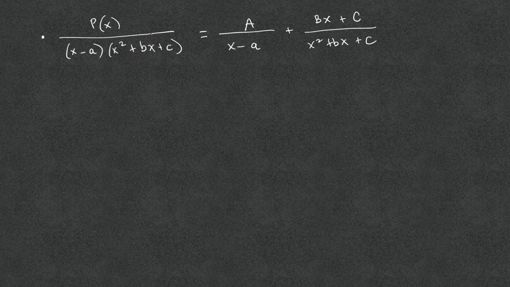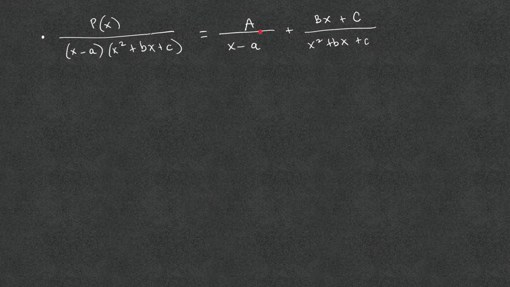Thus, the degree that we use in the numerator in the partial fraction is one less than the degree in the denominator. The degree of the constant a is 0. The degree of the linear factor x - a is 1. The degree of the irreducible quadratic x^2 + bx + c is 2. The degree of bx + c is 1.